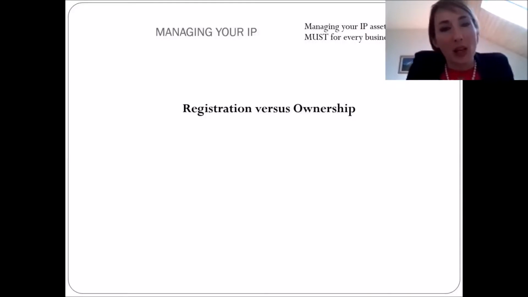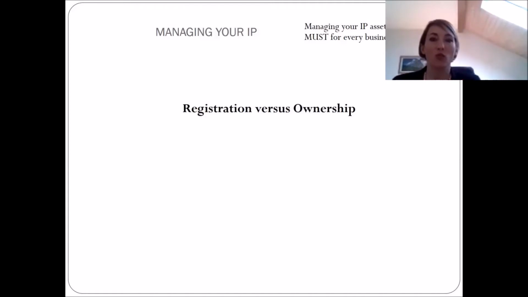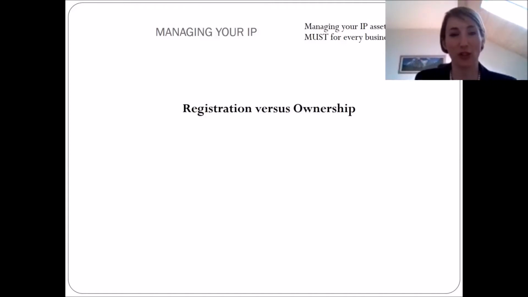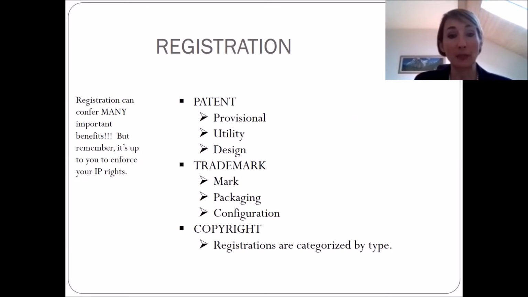Okay, we get a lot of questions on whether or not I need to register my copyright, my patent, my trademark. And this is all part of the larger asset management, which you as a brand owner or IP holder need to be thinking about. On the patent side, there are 3 main types of patents: provisional, utility, and design.